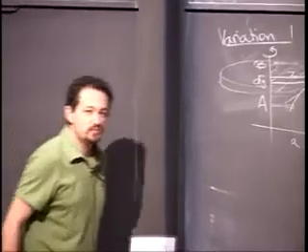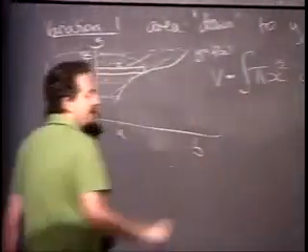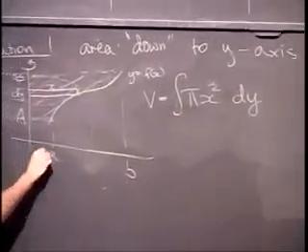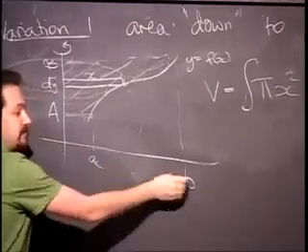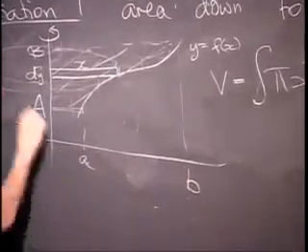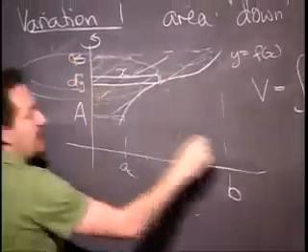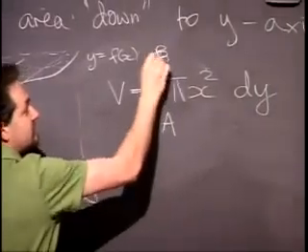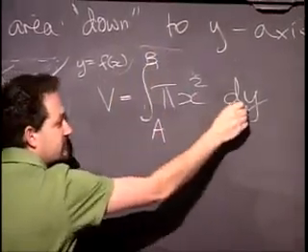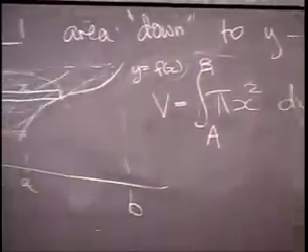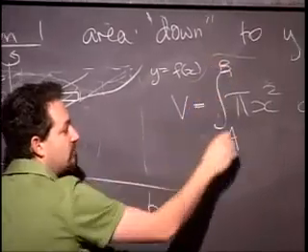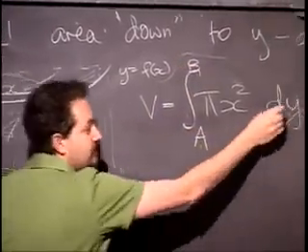The question is, what are the bounds of this integral? It is a major error to write from little a to little b, whatever those numbers happen to be. It has to be from capital A to capital B in this case. See, this is an integral with respect to y. And these numbers have to be numbers on the y-axis, or whatever that variable is.